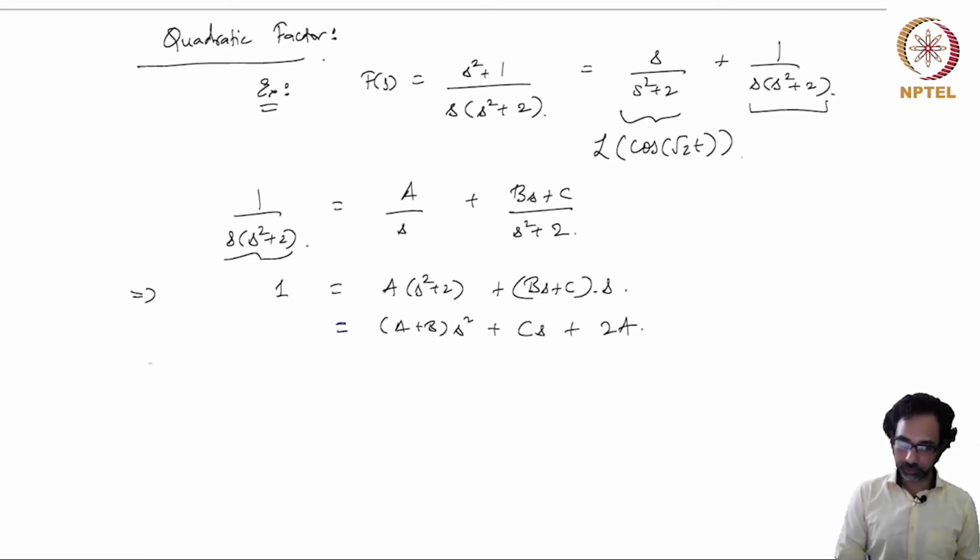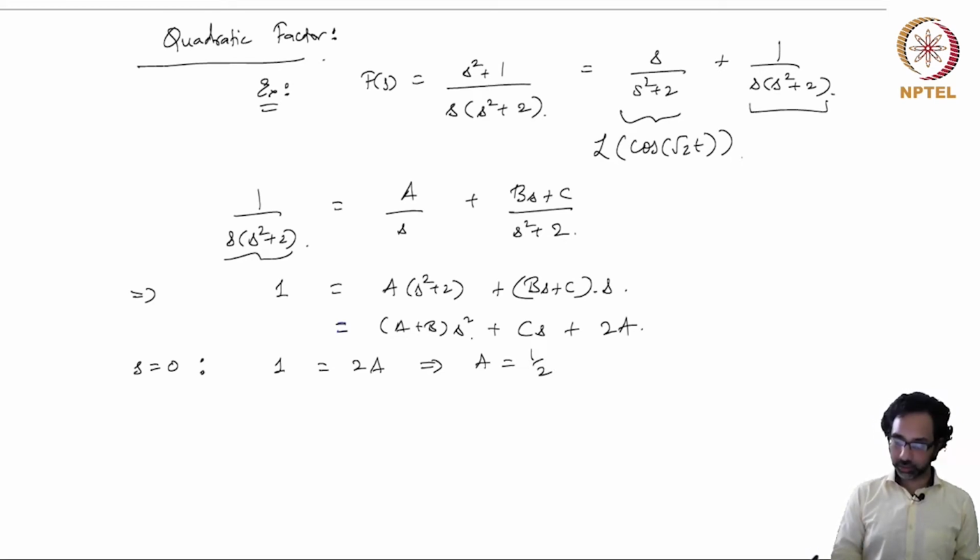So now you can let s equal to 0. Then on the left hand side you simply have 1, and on the right hand side you have 2A, which gives you A equals half.